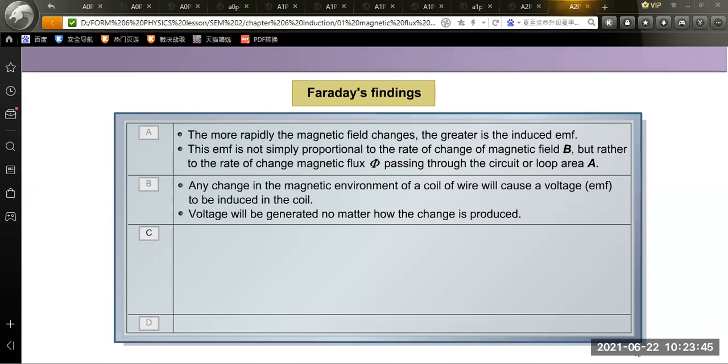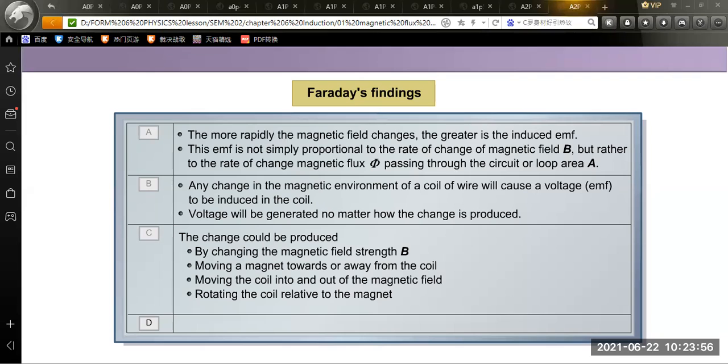So to be induced in the coil. Induced means produced. Voltage will be generated no matter how the change is produced. The change could be produced by changing the magnetic field strength, moving a magnet towards or away from the coil, moving the coil into or out of the magnetic field, or rotating the coil relative to the magnet.